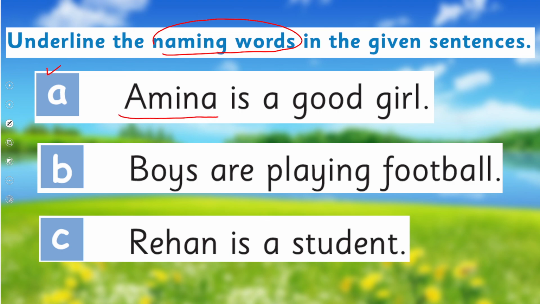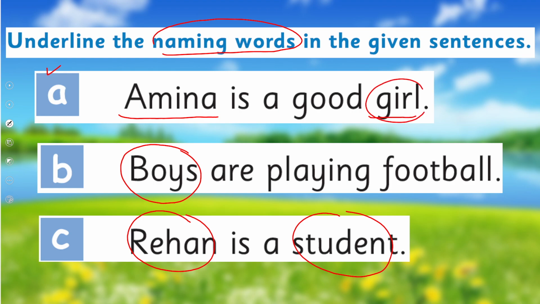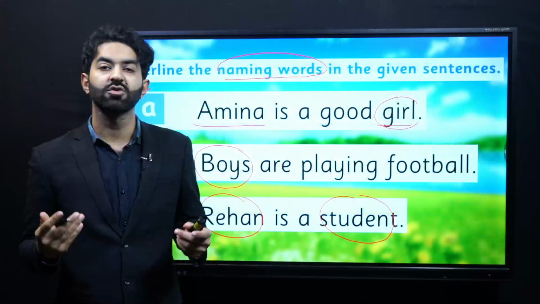Boys are playing football. Yes, boys. Rehan is a student. Rehan and student, they are naming words. And also in number A, girl. This is also a naming word. This is also a noun.